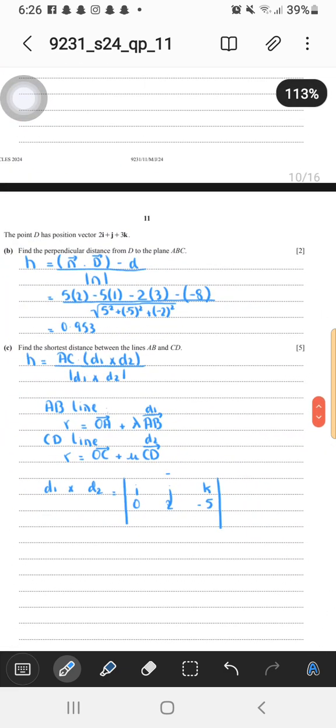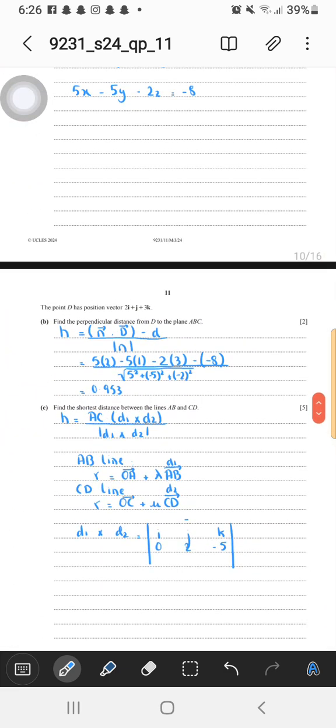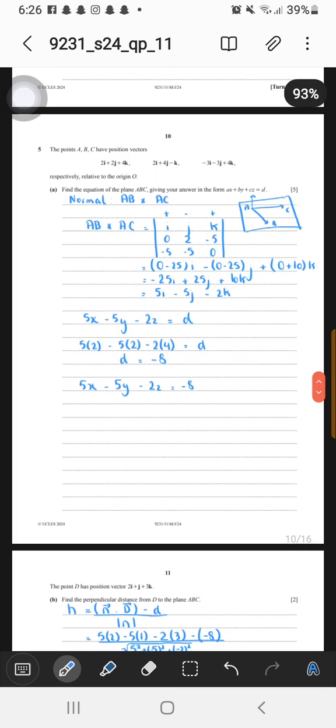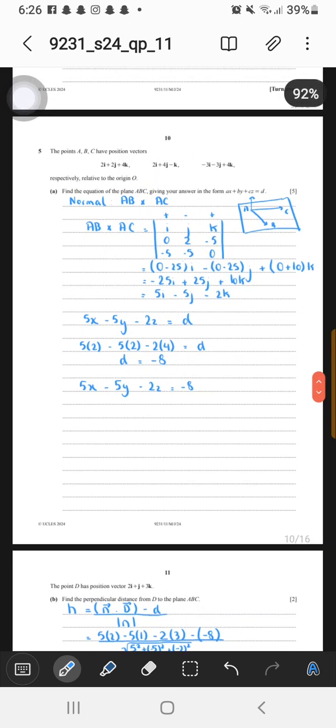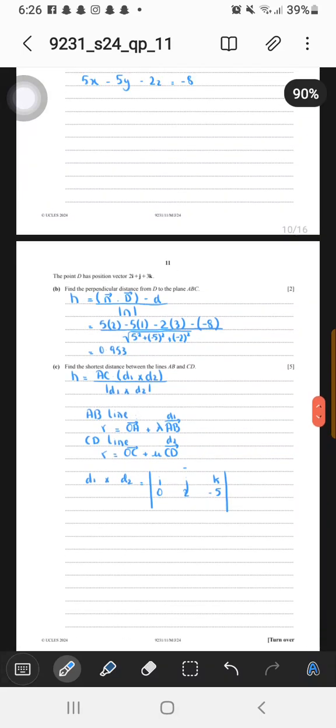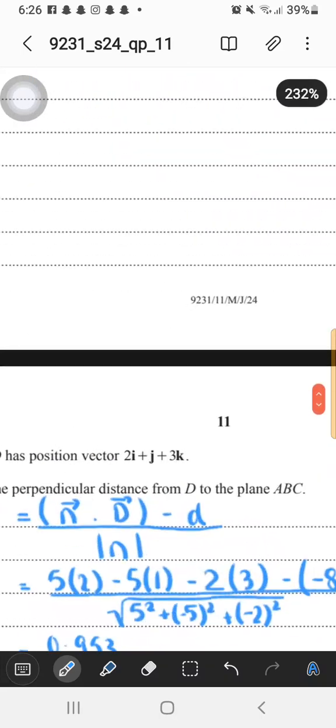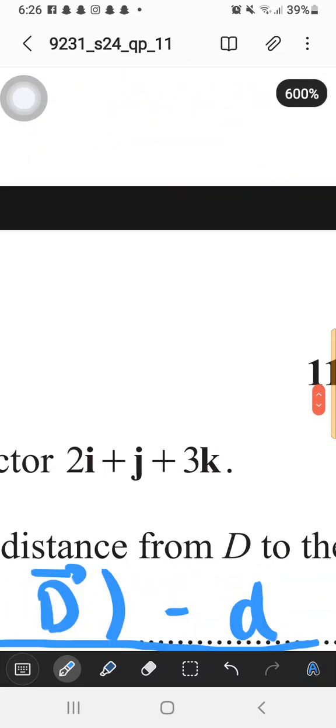And for D2 we want CD. So how to find CD? That is easy, as we had found AB and AC. So we can find CD also. Let's copy the vector of this.